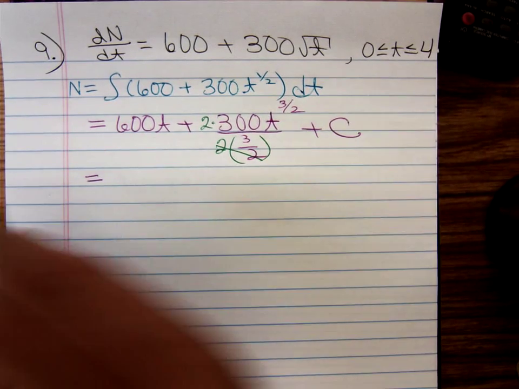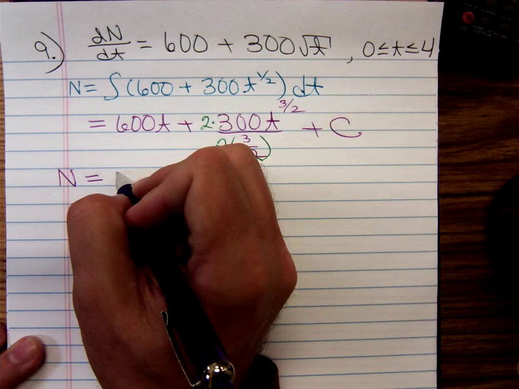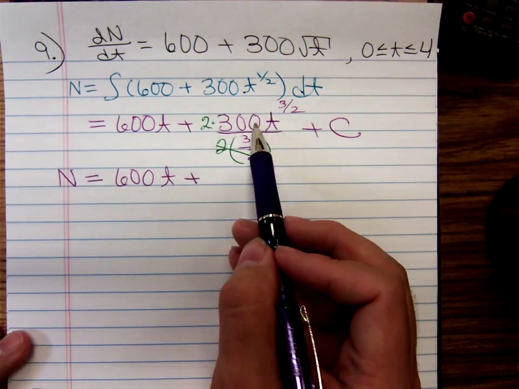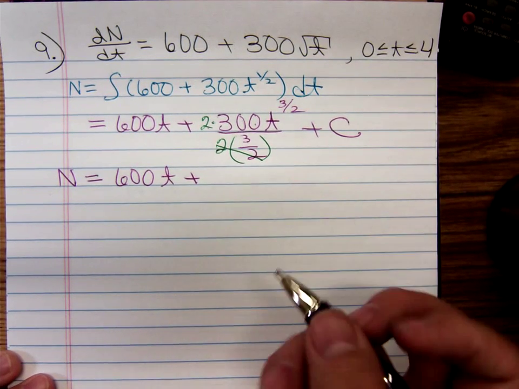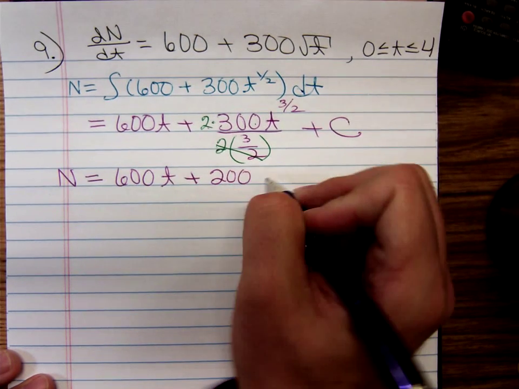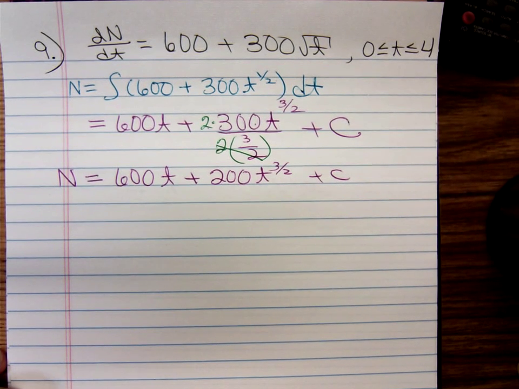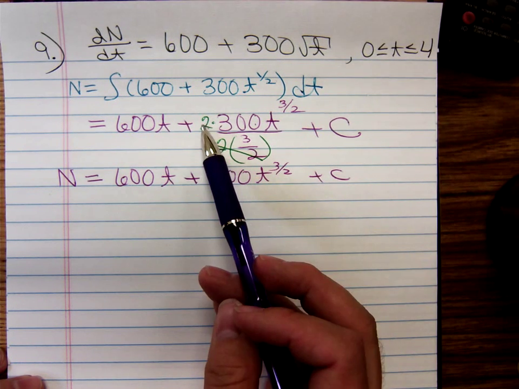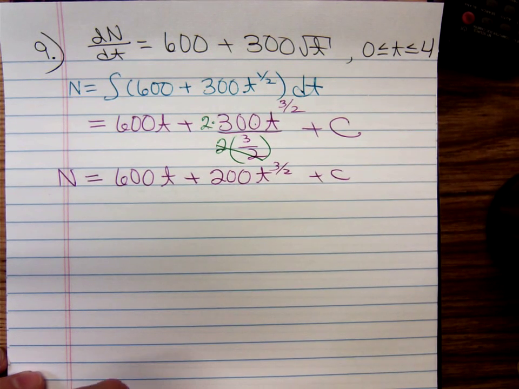So the number of people in the city is equal to 600t plus, that's 600t divided by 3, I think I can write that as just 200t to the 3/2 plus my constant C. The 2's in the numerator and denominator canceled out, leaving us 600 divided by 3, which gave me 200.